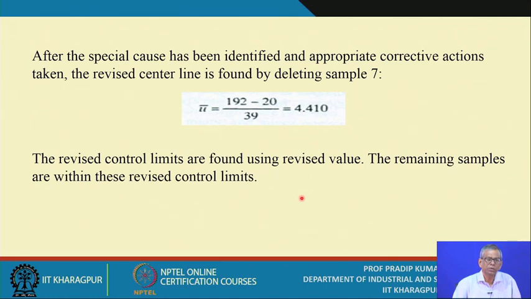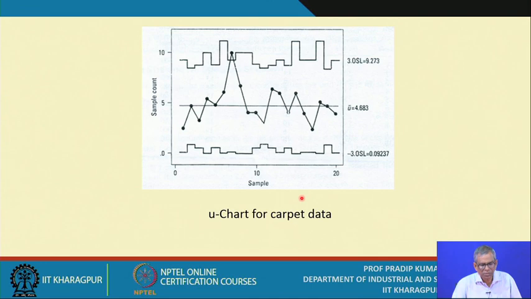And when you determine the revised control limits, assuming that I am creating or designing a control chart, the assumption is the process is in control. These conditions you have to ensure. That is, before you start constructing a control chart, make sure that the process is in control. Is it okay? So this is the procedure.